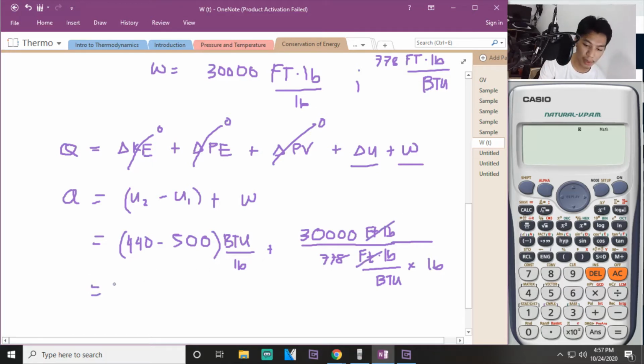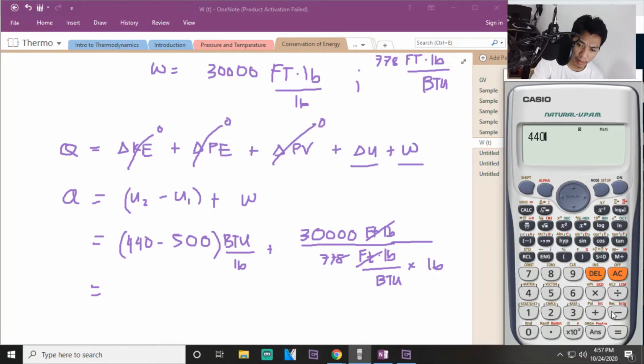Okay, so this will be 440 minus 500 plus 30,000. Lagyan natin parenthesis para may PEMDAS tayo. Plus 30,000 divided by 778.